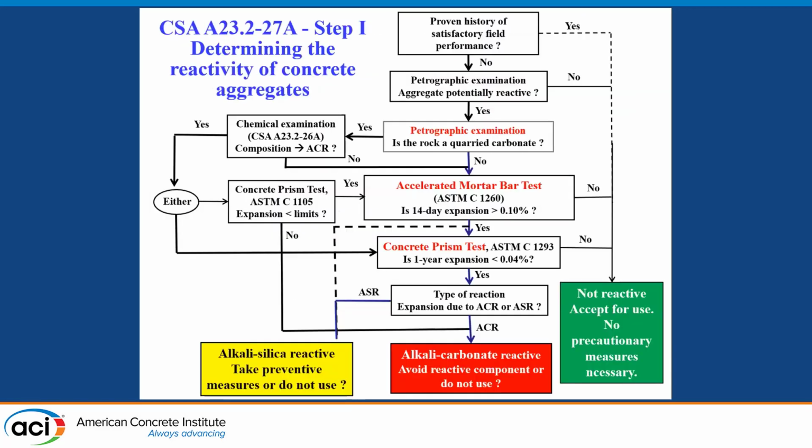But basically, the first step of the first standard practice is the determination of the reactivity of concrete aggregates. So it's a step-by-step approach that will allow us to evaluate the potential reactivity of aggregates using different test methods, as you can see here.